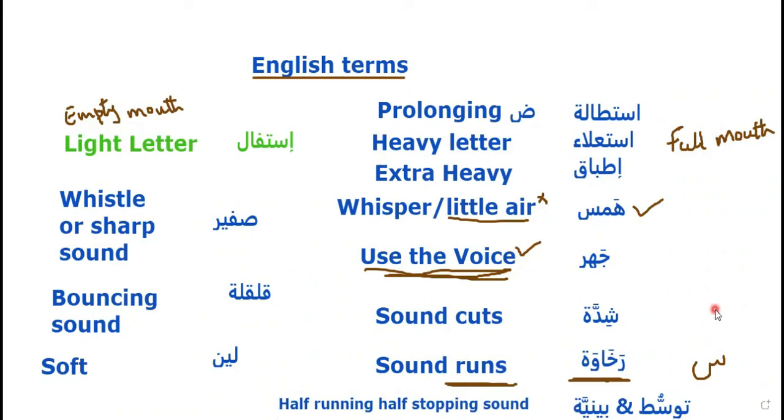Again, I'm going to give you this in the assignment when we do the sifat, but for now, I think I'll just give you the translation. Anything else? همس جهر شدة رخاوة توسط استعلاء استفال إطباق انفتاح.